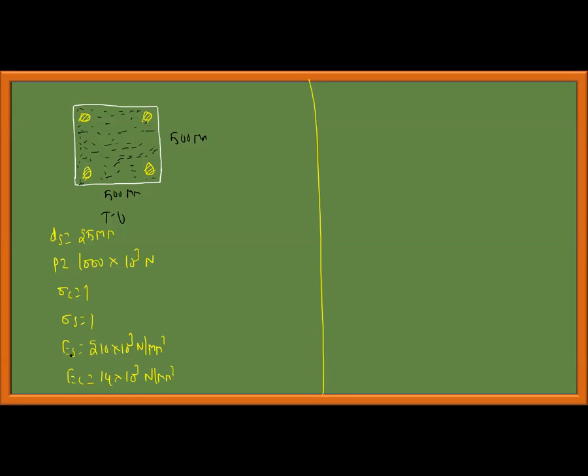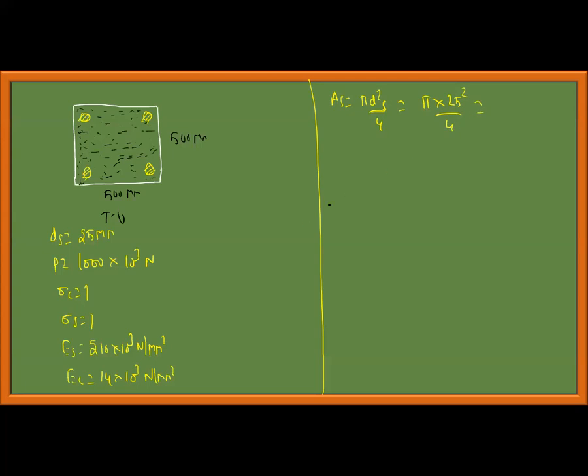I'll calculate the area of steel. For one of the rods, I'm considering pi d square by 4, which is equal to pi into 25 square, which is 625 by 4.